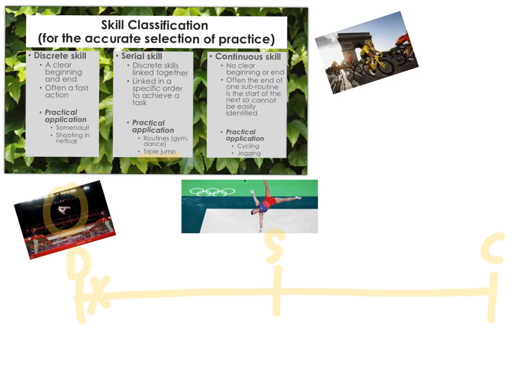And even better, you've got your routines in gym and dance, where you do your handstand, to forward roll, etc. So you would put those on the serial. If I was going to do the triple jump example, you could say that it is slightly more discrete than the gymnastics routine. Continuous skill has no clear beginning and end.